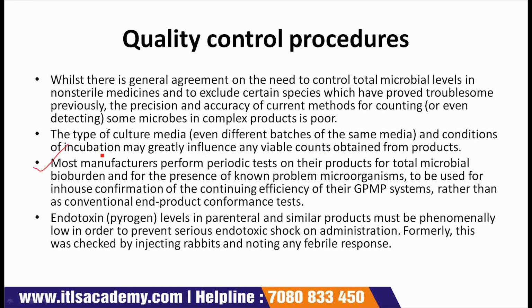Next point, most manufacturers perform periodic tests on their products for total microbial bioburden and for the presence of non-problem microorganisms, to be used for in-house confirmation of the continuing efficiency of their GPMP systems rather than as a conventional end product conformance test.